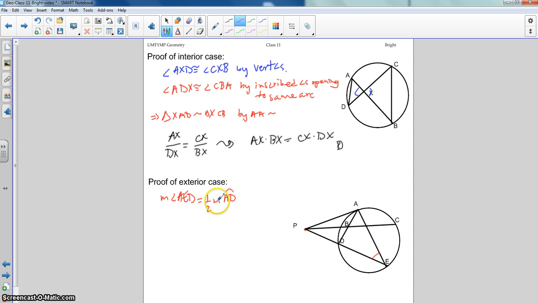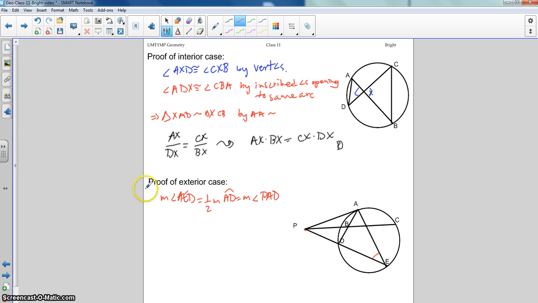But if I look at this, this is also going to be the measure of angle PAD.